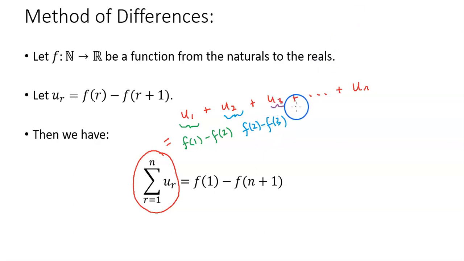And u3 is f(3) minus f(4). And we're adding these things together, plus, plus, plus, until finally we get to un, which is f(n) minus f(n plus 1).